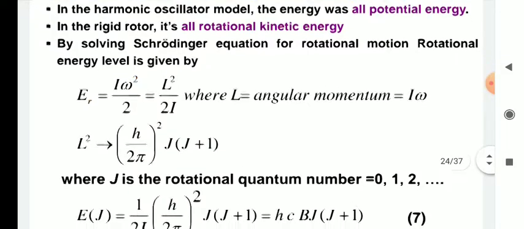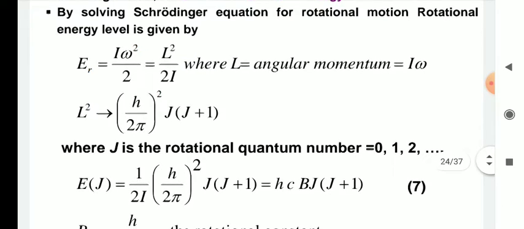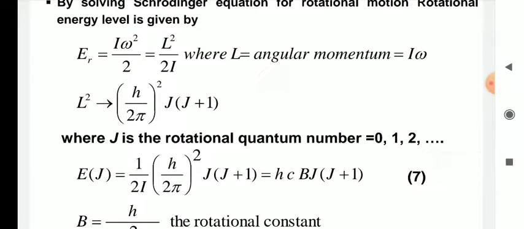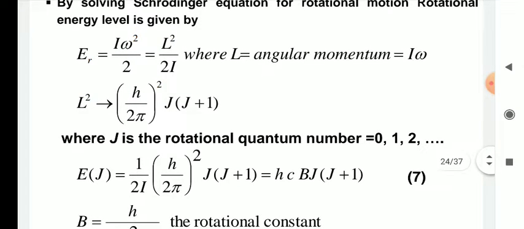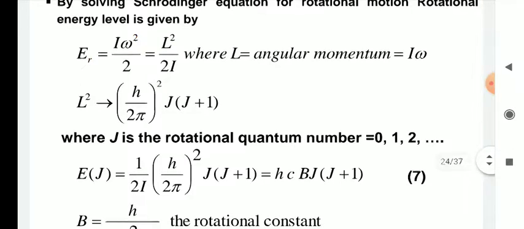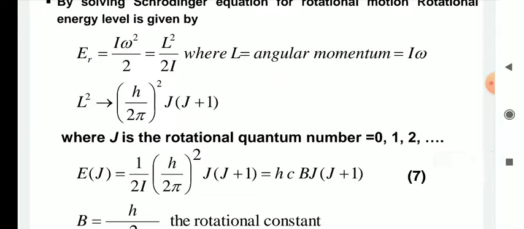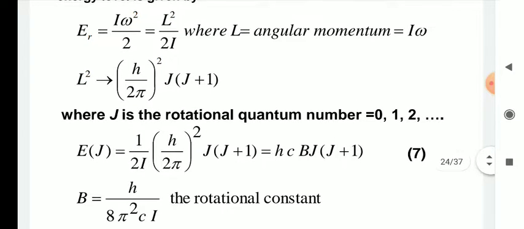By solving the Schrodinger equation for rotational motion, the rotational energy level is given by E_R equal to I omega square divided by 2. That is, the rotational kinetic energy is given by 1 by 2 I omega square, and that is also given in terms of angular momentum, that is L square upon 2I, where L is called the angular momentum, equal to I omega.